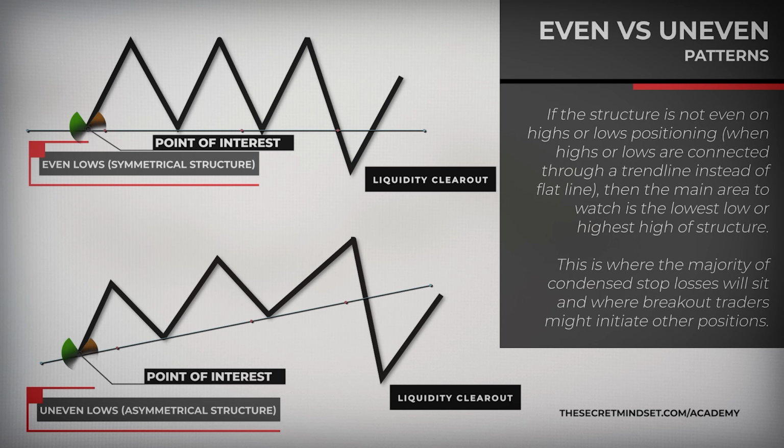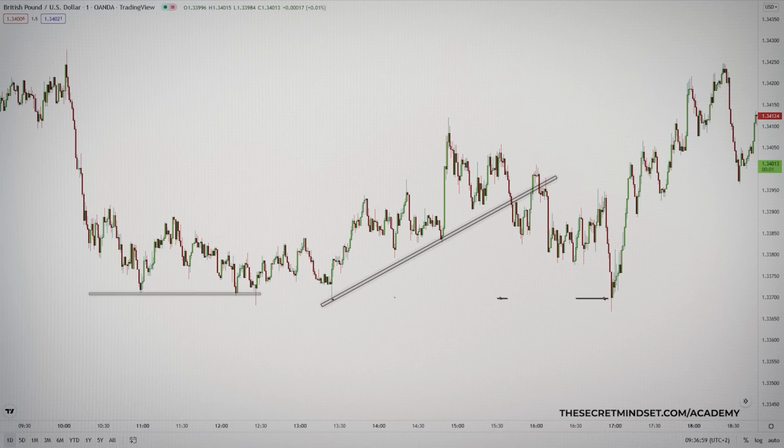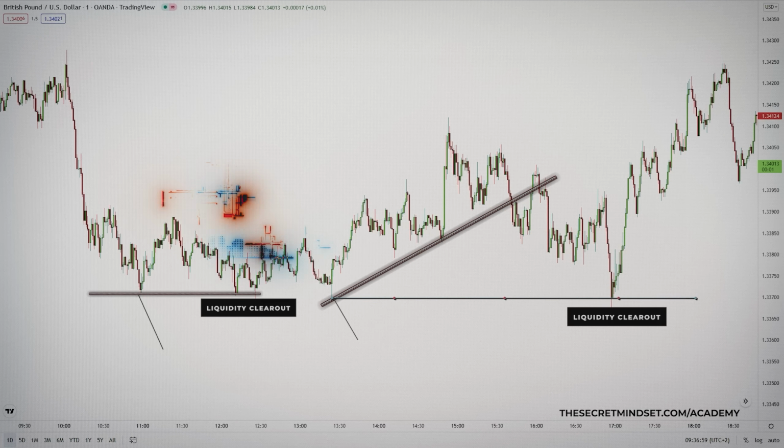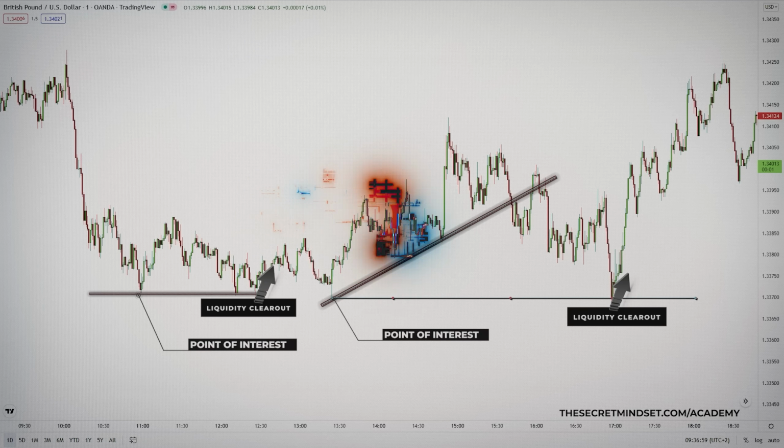This is the difference between a flat versus a trend line positioning of lows, and the importance of the deepest low. No matter how the structure is positioned, the low of the structure will be the key level that the market maker will want to clear out and where the majority of stops will likely sit.